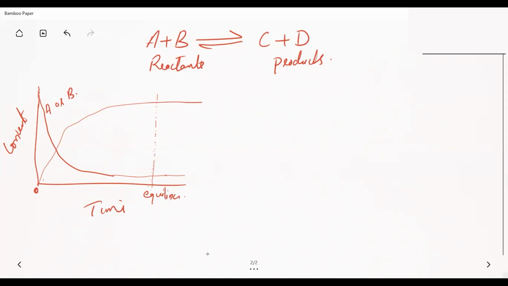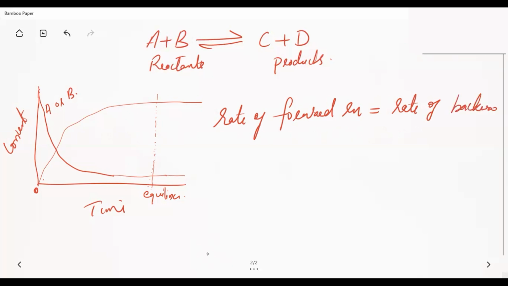The same state of equilibrium is reached when we start with C and D or with A and B. That means at equilibrium, the rate of forward reaction is equal to the rate of backward reaction. That is why equilibrium is said to be dynamic in nature.